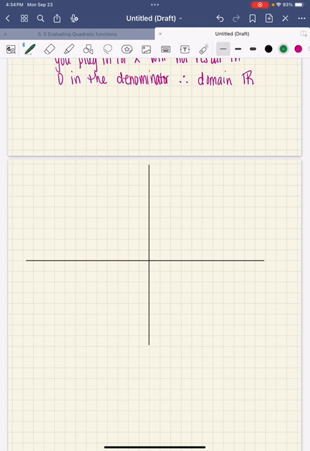Let's say that there is an asymptote at x equals 2, sorry, that's x equals 2, not y equals 2. And there's an asymptote at y equals 1.